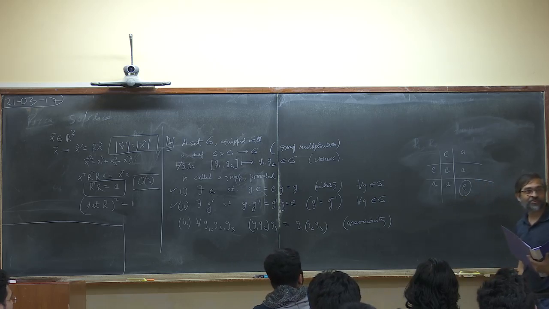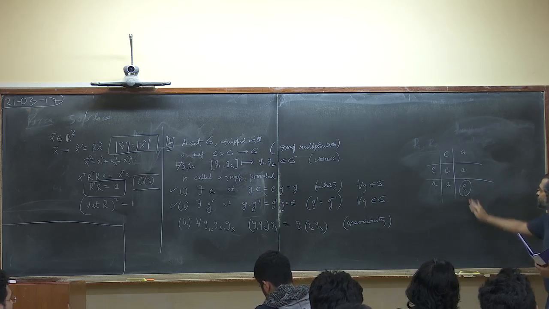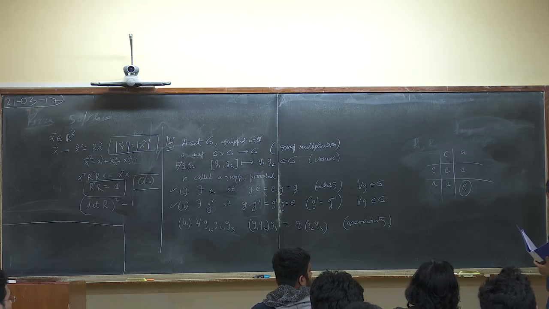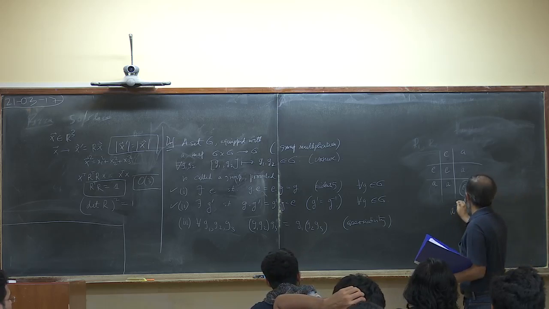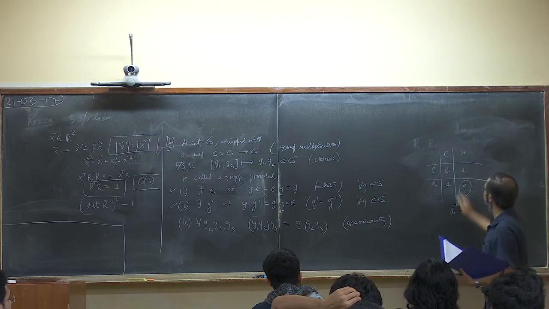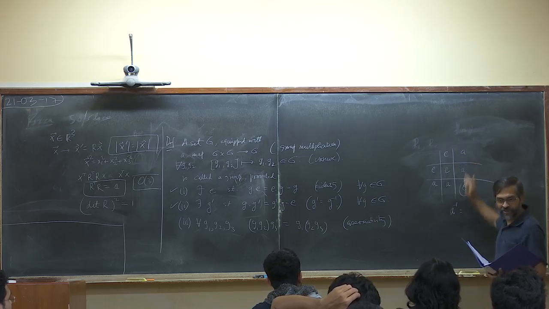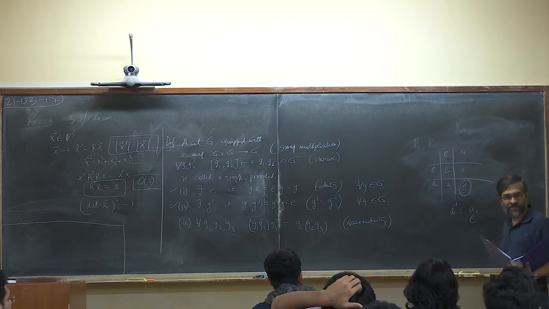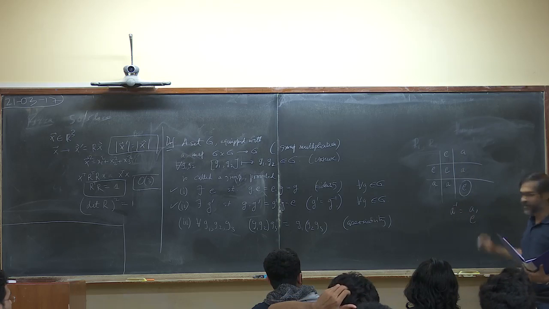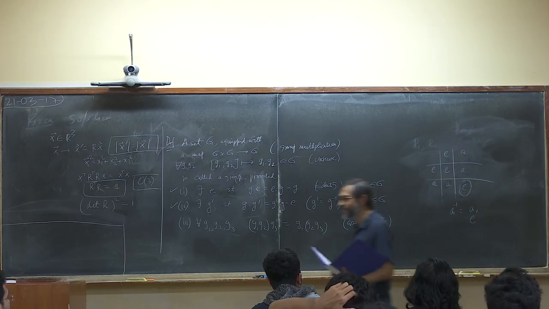Why not A? Because that would imply A is E inverse of A. Inverse of A should be something between these. Now inverse of A could be A or it could be E. Is there anything wrong with having inverse of A equal to E?